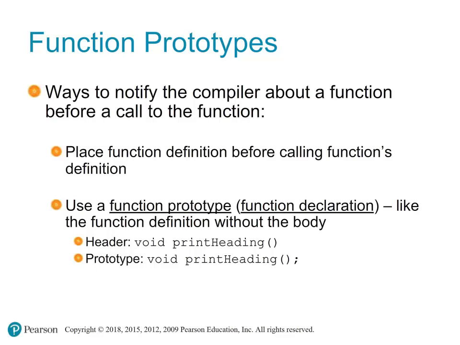It informs the compiler about the function's signature, including its name, return type, and the parameters. This is the function prototype. It tells the compiler that there's a function named print heading that takes no parameters and returns void. Note we have a semicolon at the end of the function prototype.